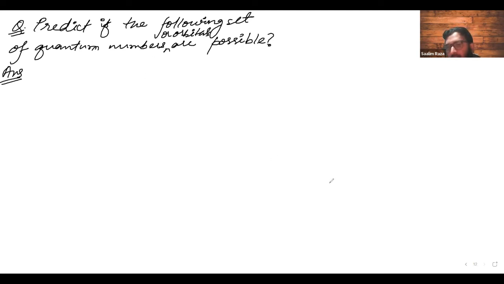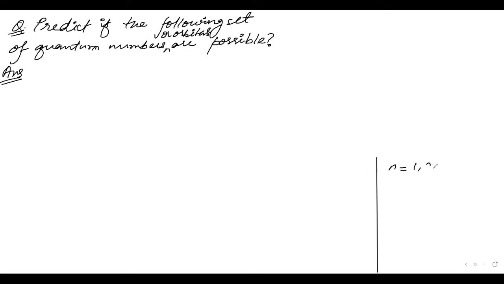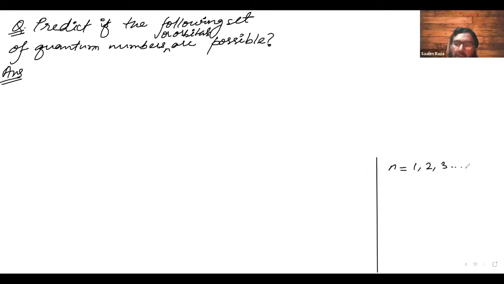As soon as you see this type of question, you will make a line on the side of your notebook and write everything. What are the possible values of n? 1, 2, 3, and so on. n cannot be 0. If somebody says n is equal to -1, he is wrong.